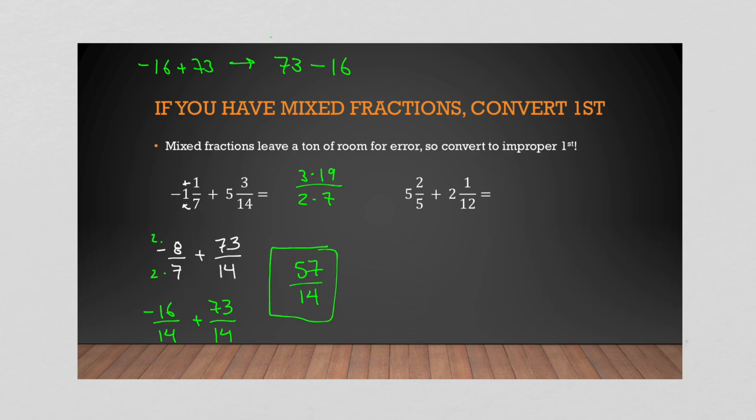Okay, here comes another one. So 5 times 5 is 25, plus 2, 27 over 5, plus 2 times 12, 24, plus 1, 25 over 12. Now this is a case where our common denominator is just going to be the two things multiplied together.